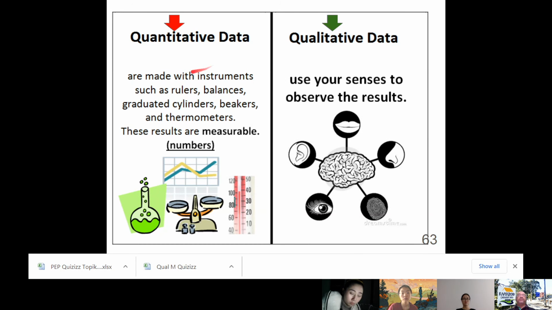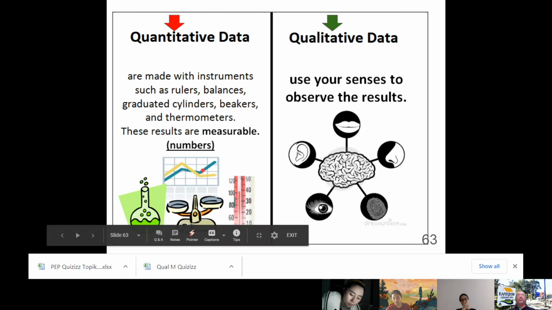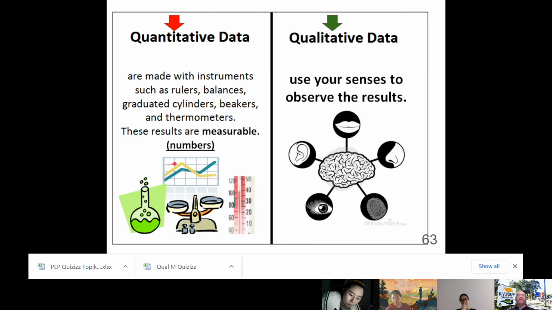Okay, so quantitative data are made with instruments such as rulers, balances, cylinders, beakers, thermometers, and so on. These results are measurable. From the quantitative data, you have graphs. In order to show your result, you can use a chart or a graph like here.